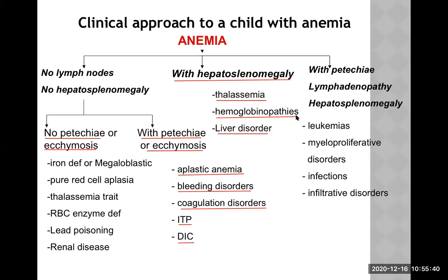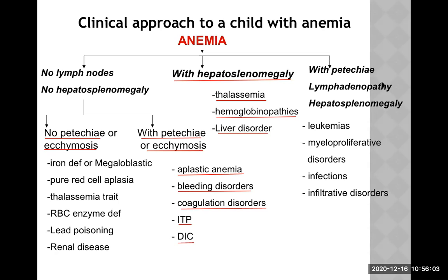Now, in sickle cell anemia, splenomegaly occurs only in the early phases. In the late phases, there is destruction of the spleen, which is known as autosplenectomy, so we cannot find splenomegaly there. Liver disorder usually results in both hepatosplenomegaly. Splenomegaly occurs because of portal hypertension in case of liver disease.